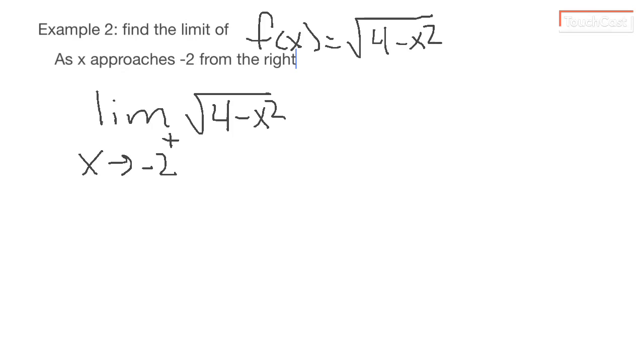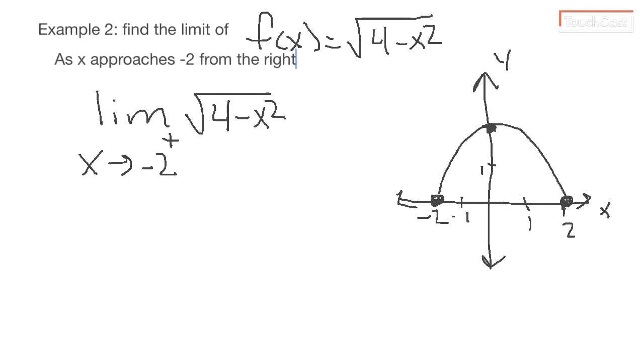I want to draw the graph that would go to this function. So here's a rough sketch of what you would see on a graphing calculator if you did put the square root of 4 minus x squared into it.